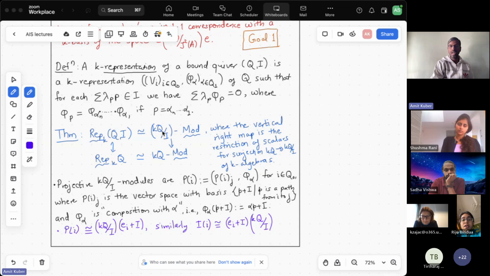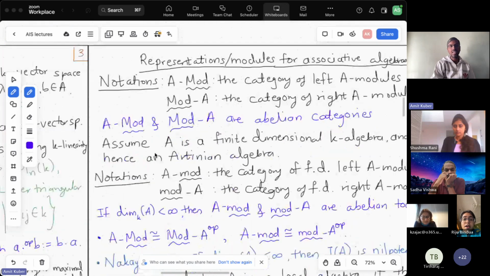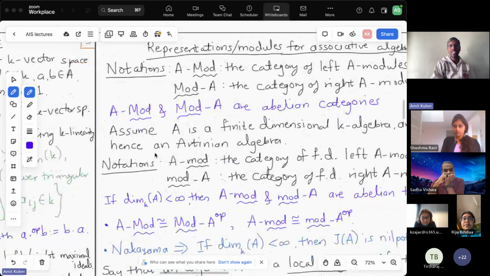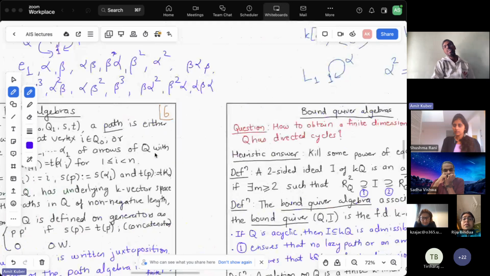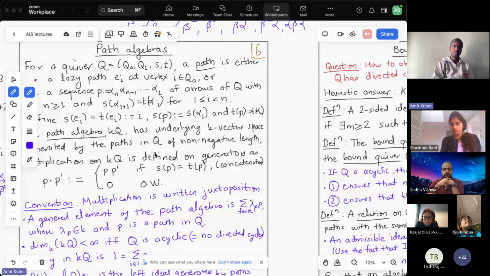Maybe I should take stock. What we have shown so far is that even though there are finite dimensional algebras in different varieties and forms, every finite dimensional algebra is Morita equivalent to a bound quiver algebra. So it is sufficient to only study the representations of bound quivers, and that was our goal one.